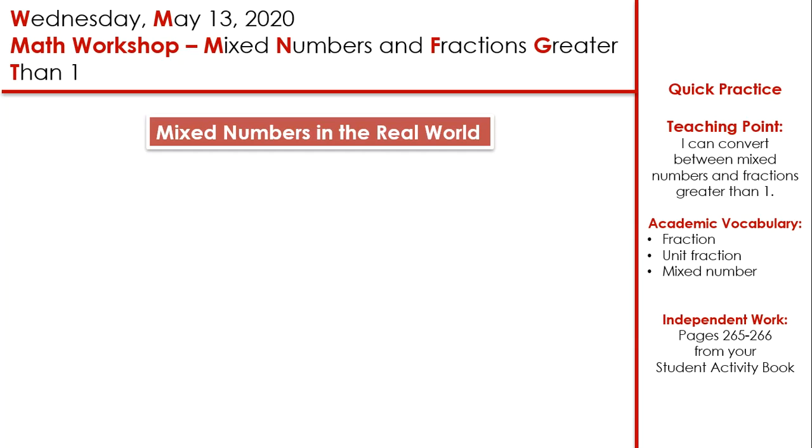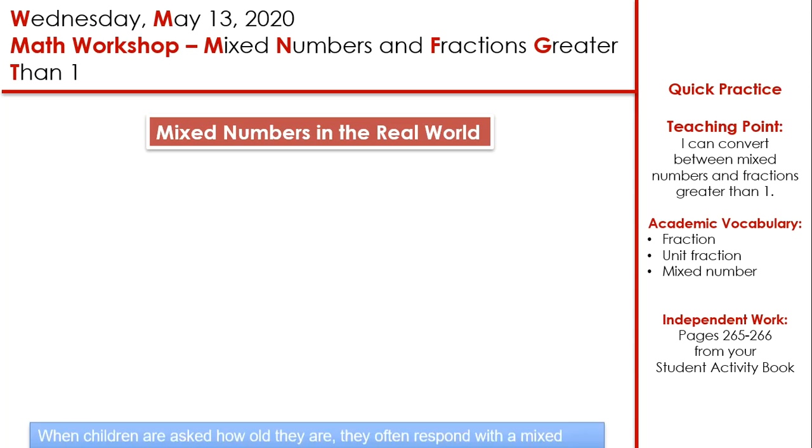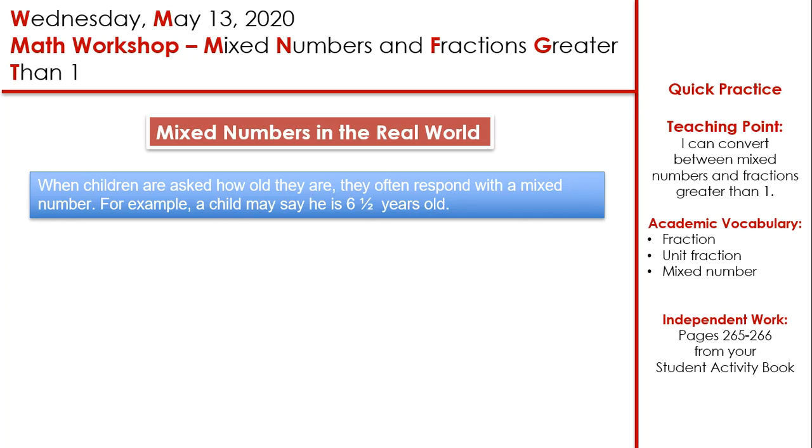So mixed numbers are used every day in our everyday life. Probably we don't actually notice it, but as long as we don't have an exact, accurately measured number, then we're having fractions in everything we do. For example, when children are asked how old they are, they often respond with a mixed number.